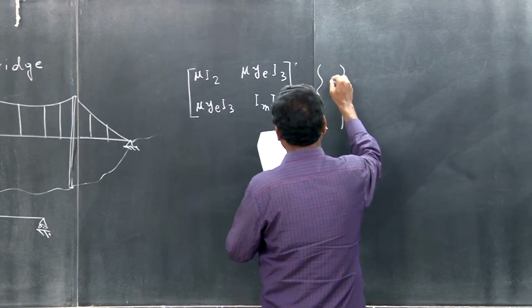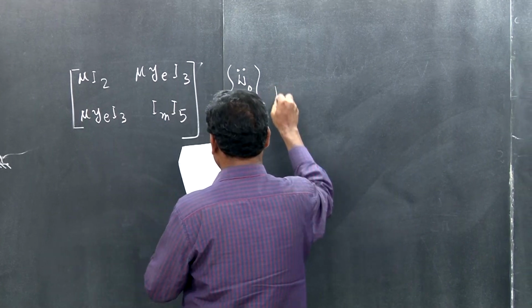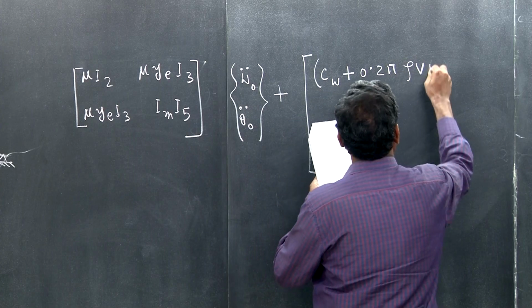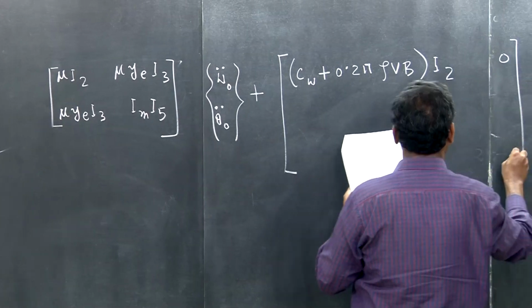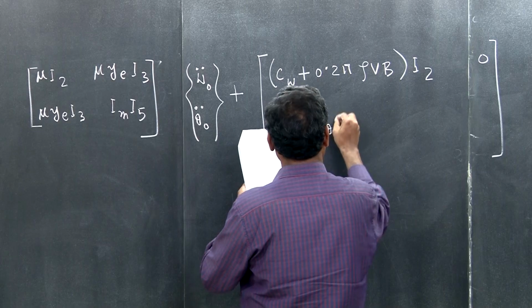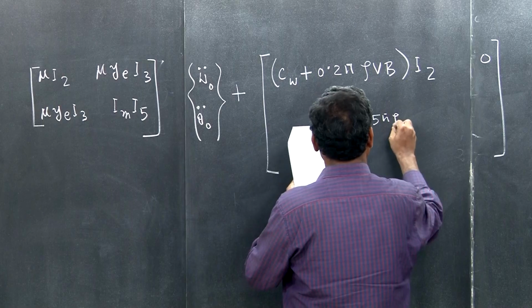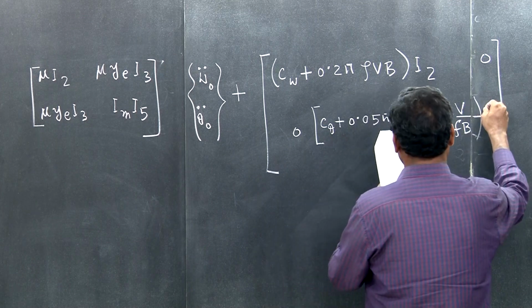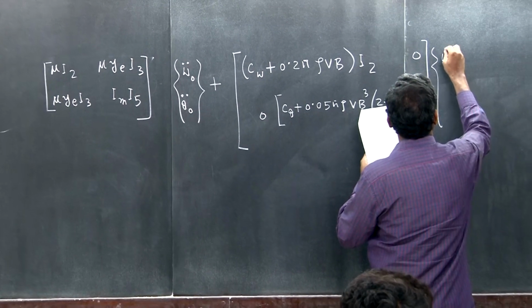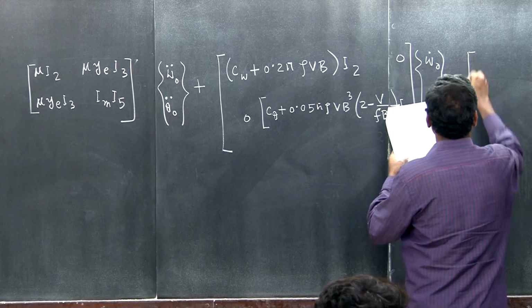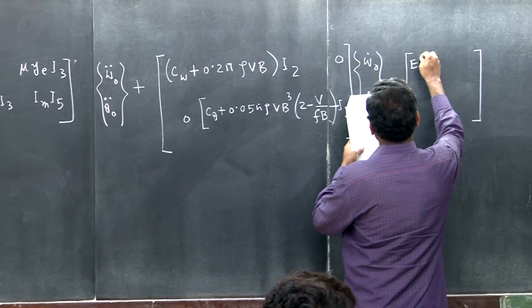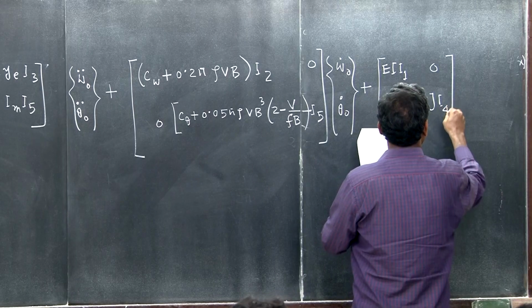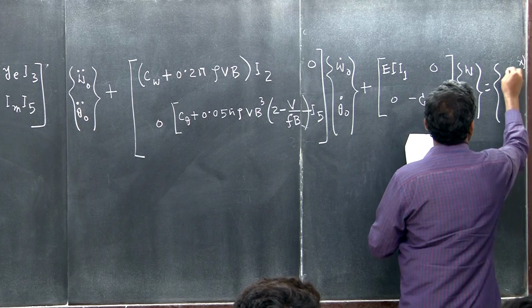These are integrals. Then the rest: w double dot, theta double dot, plus Cw plus 0.2 pi rho capital B I2, and then 0, and 0, and then C theta plus 0.05 pi rho capital B cubed (2 minus V by FB) I5, acting on w dot and theta dot, plus EI, GJ I5 acting on W and theta, equal to 0, 0.